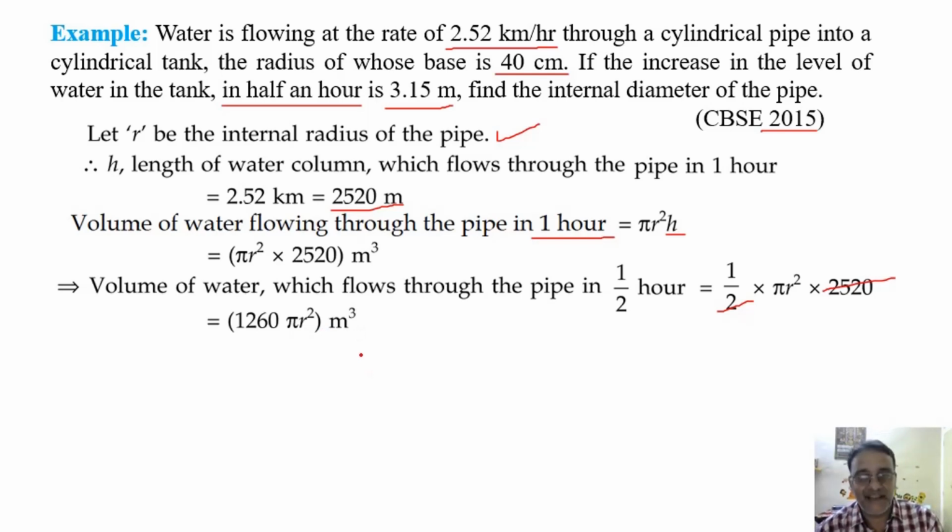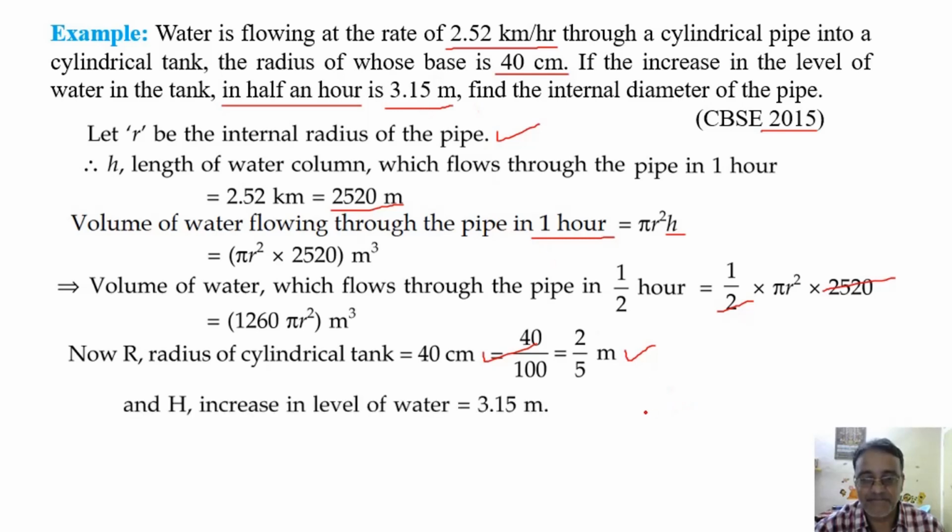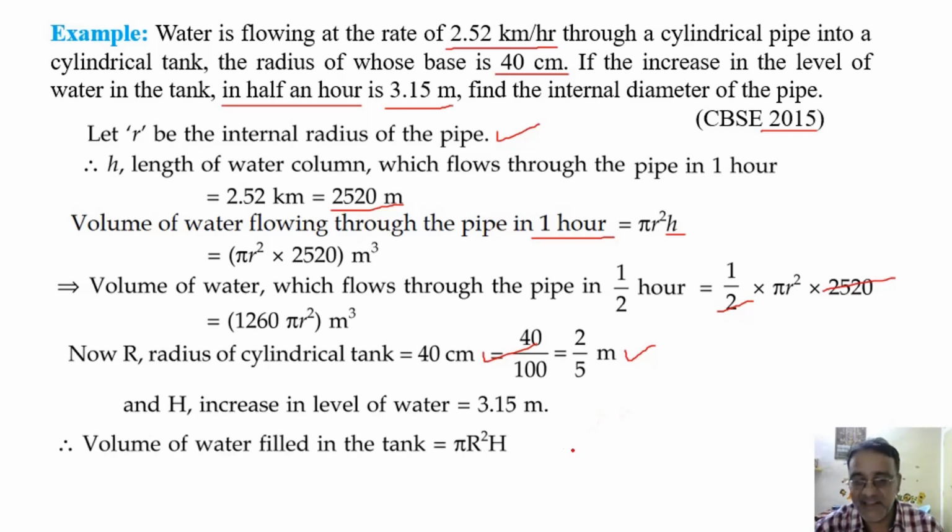Now the volume of the tank: for that, the radius is given as 40 centimeter. So convert it into meter. 40 upon 100, that is 2 by 5 meter. And the height is given as 3.15 meter. So the volume of water filled in the tank is pi capital R square h.